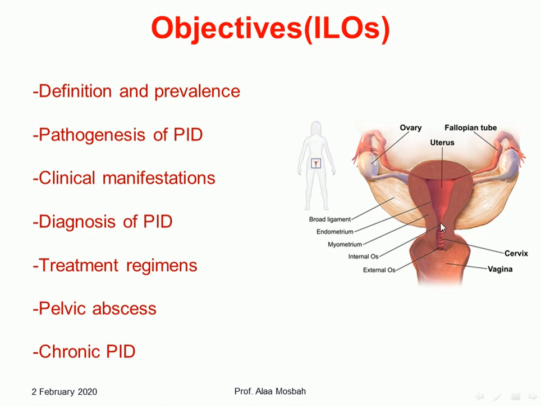From the internal os upwards, so including the endometrium, the fallopian tubes, the broad ligament and the parametrium, and the ovary. So all structures above the internal os are included in PID.